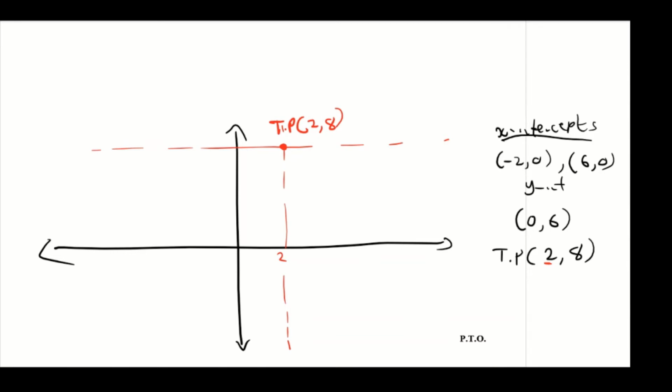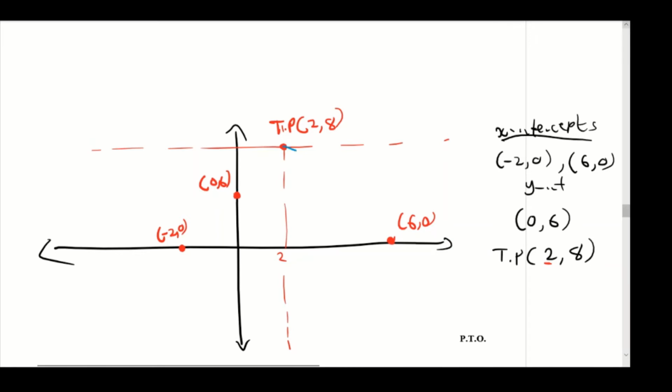And then we have the y-intercept, which is here at coordinates 0 and 6. And then we have the x-intercept, which is here at coordinate minus 2 and 0. Another x-intercept here, which is at 6 and 0.